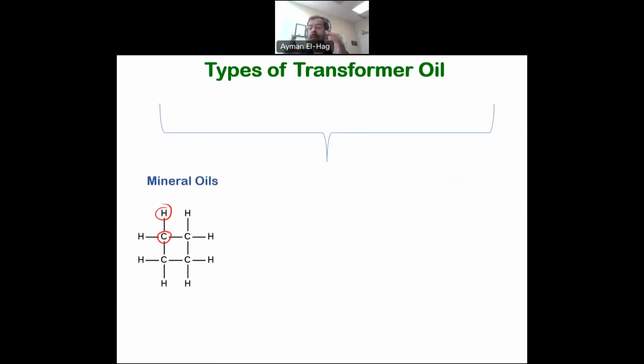I want you to keep this in mind because I will show a video of a breakdown in oil, and you will see a lot of carbon released, and this is because this mineral oil has carbon in its chemical composition.